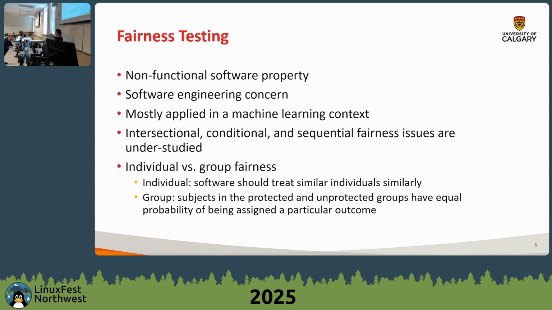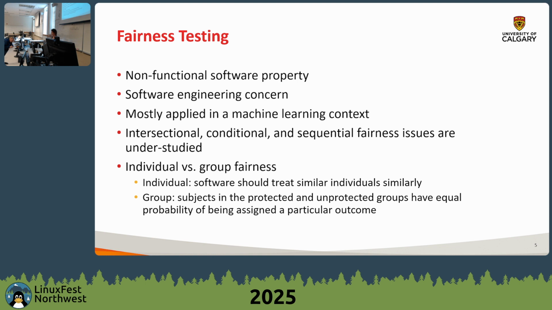And individual fairness means that the software should treat similar individuals similarly. And a system satisfies the group fairness attribute if subjects in protected and unprotected groups have an equal probability of being assigned to a particular outcome.